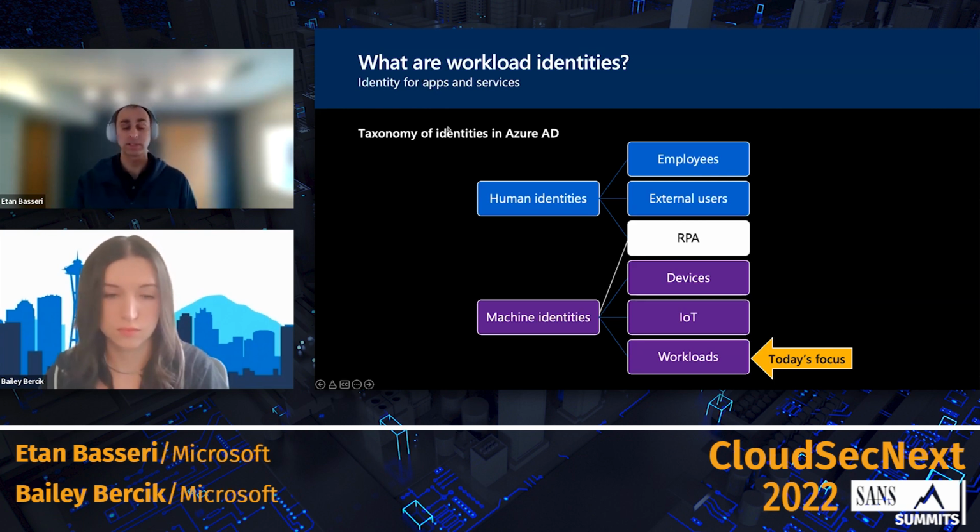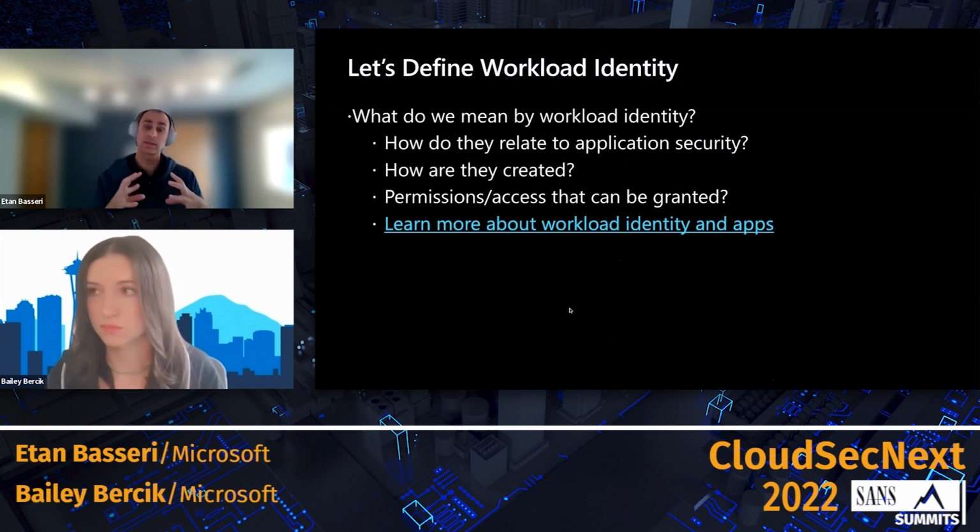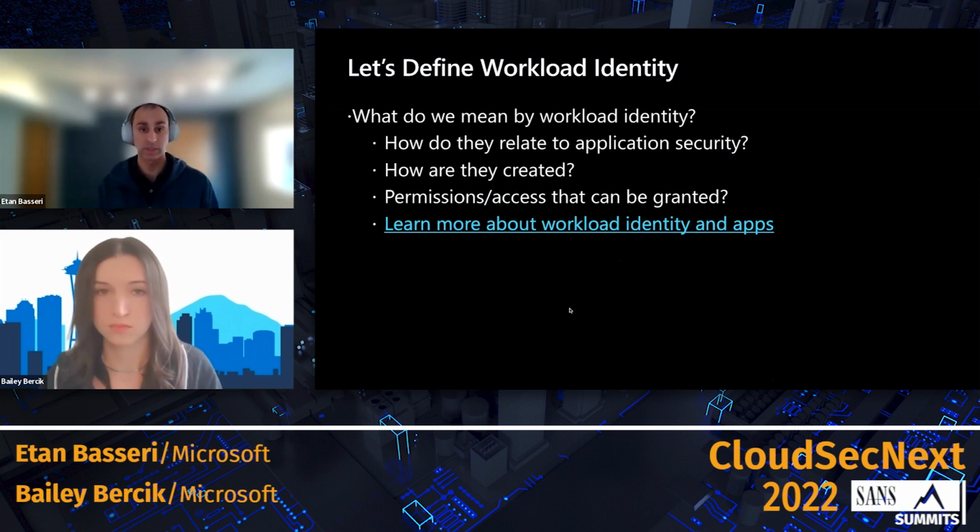What's important about these things is that these identities do not need a human present to authenticate to an identity provider. So with regard to app security, this is the identity that the application must have to acquire a token to get access to something. So if you're using a centralized identity provider to manage access in your environment, these are the identities that you need to be aware of.